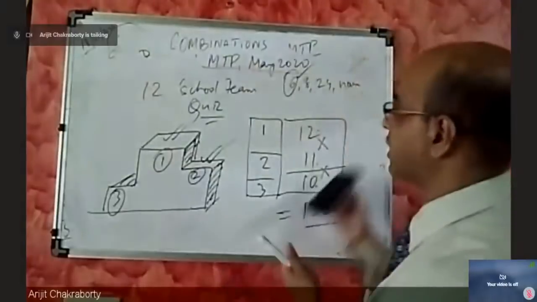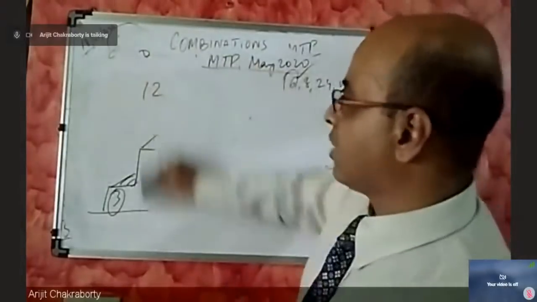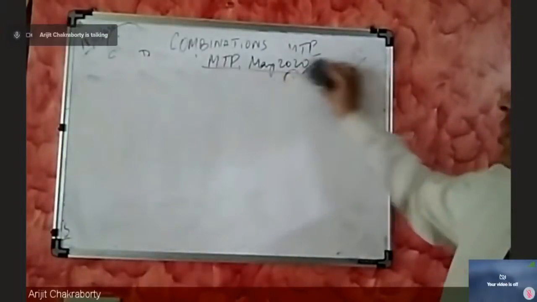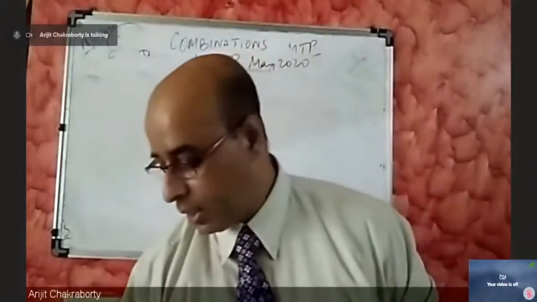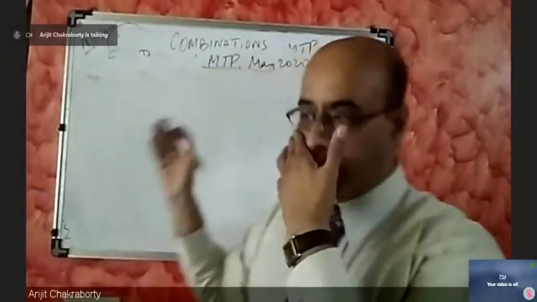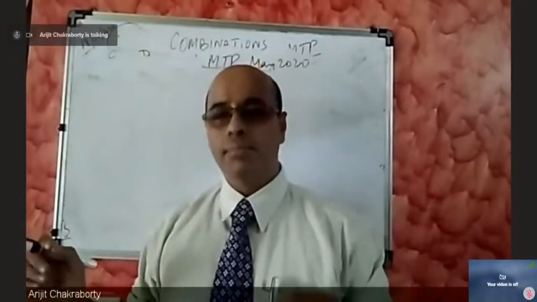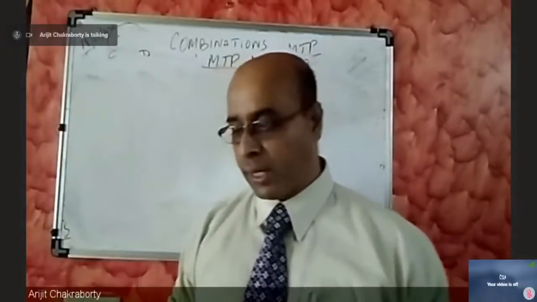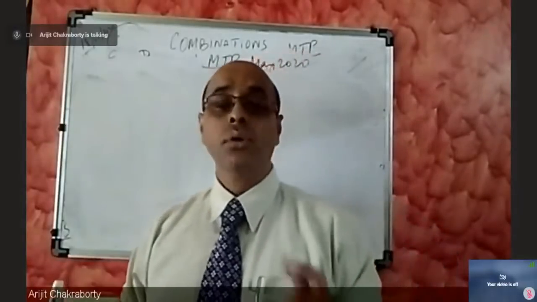Now quickly I'll take 2 questions which have come from our dear students who have requested me to take them up. Since we have completed permutation and combination, I am taking 2 questions: one related to time value of money and the other related to indices.